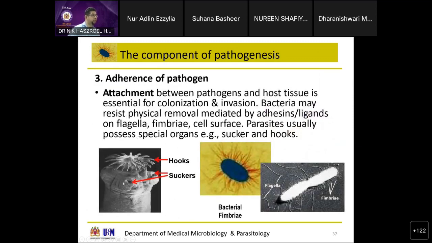Like this tapeworm, they have hooks and suckers, and they attach to the intestinal tract using these hooks and suckers. And some bacteria like E. coli have fimbriae. They attach to your urinary tract, so they are not removed when you pass urine, because they hold tight to your urinary tract using fimbriae or flagella.